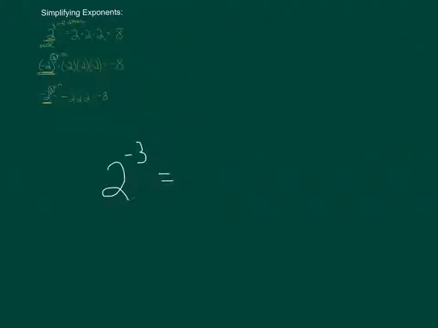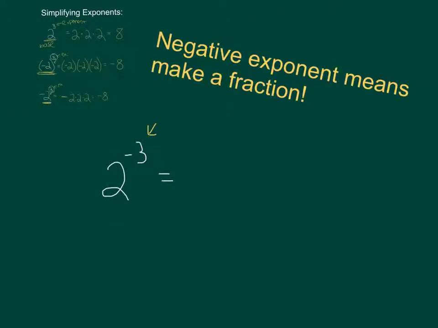So now what happens when you have a negative exponent? This is 2 to the negative 3. I don't know how to do it. My exponent is a negative number, right? When you have a negative exponent, you know that you have a fraction. Here, my exponent is negative, so I know I need to make a fraction. And what's going to happen is I bring my base, and again, my base is 2, the negative 3 is attached to the 2.